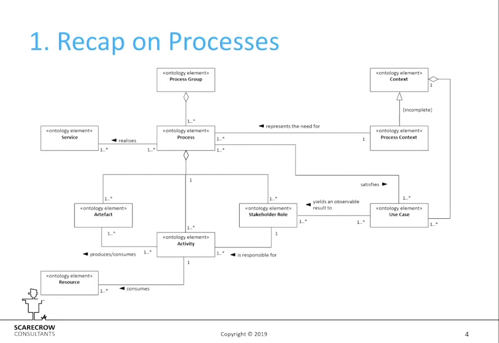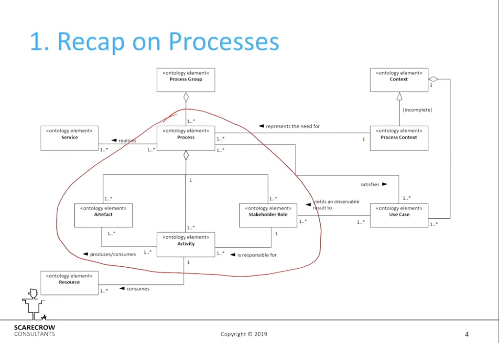So just to recap, for those that were here last week, and for those that weren't. This is what we call our process ontology, and essentially at the heart of it is the concept that we have process ways of doing things, and processes are essentially made up of activities, the steps that you carry out within a process.